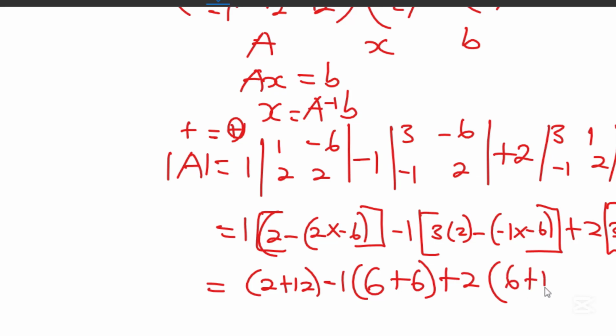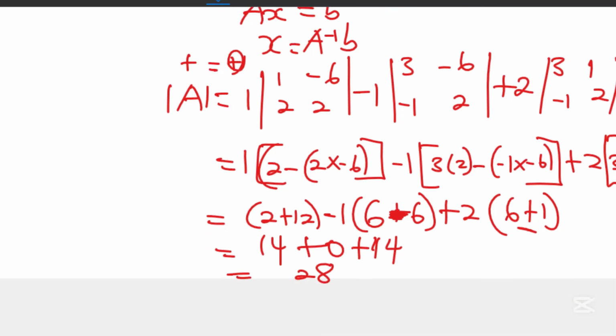Negative 1 times 1 is negative 1, so 6 plus 1 is 7. So we have 14. This one is, sorry, I made a mistake here. It is supposed to be negative. So 6 minus 6 is 0. Negative 1 times 0 is 0. Then 2 times 7 gives us 14. So 14, 0, 14, and so the determinant is 28. The determinant of A is 28.